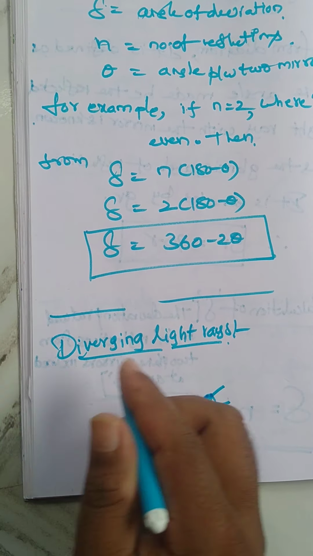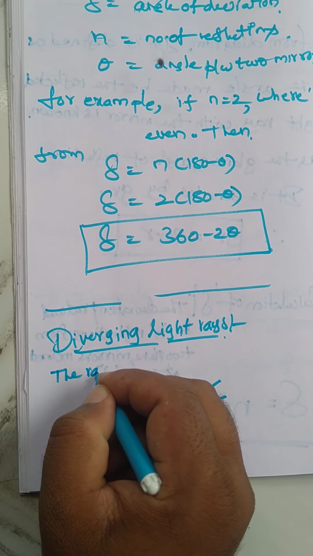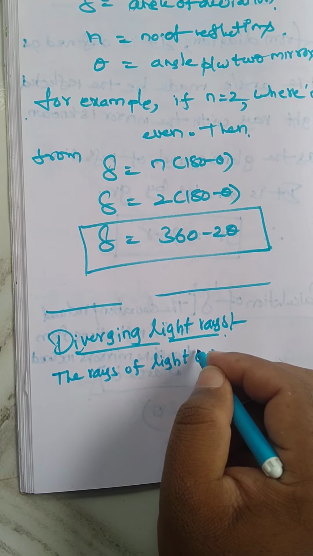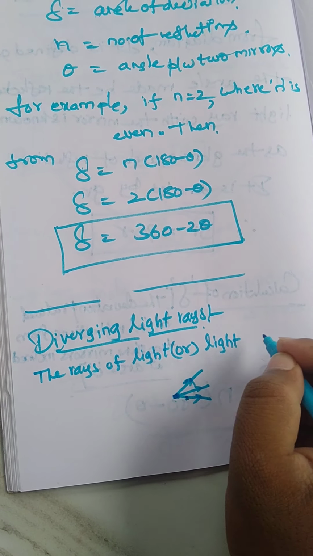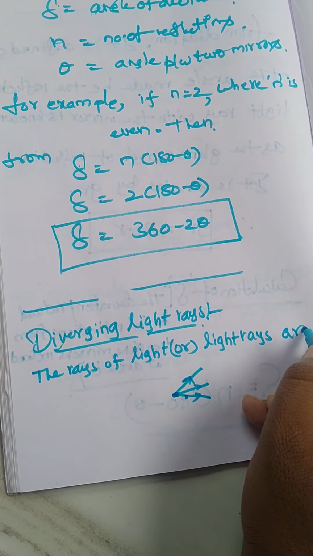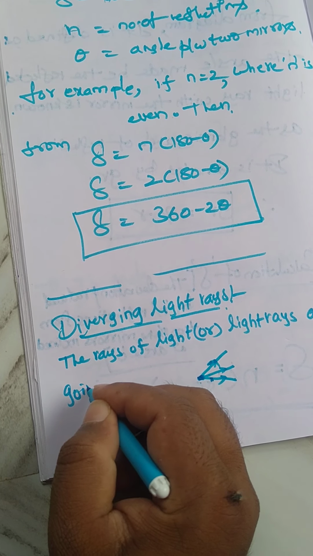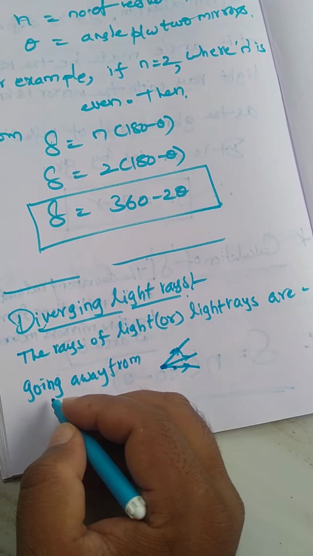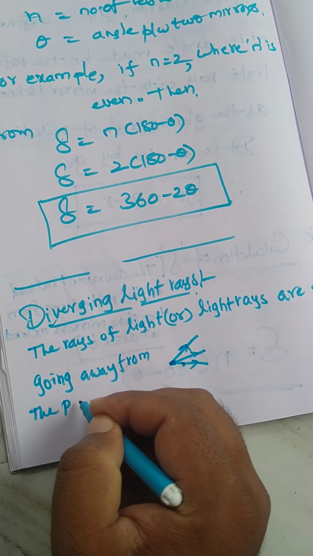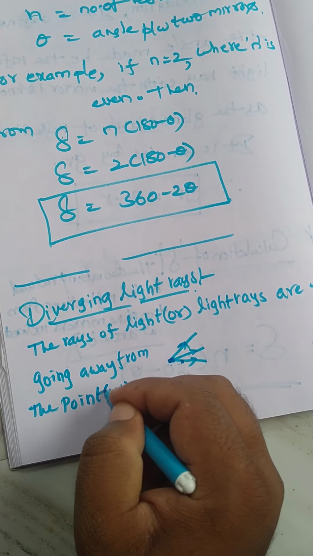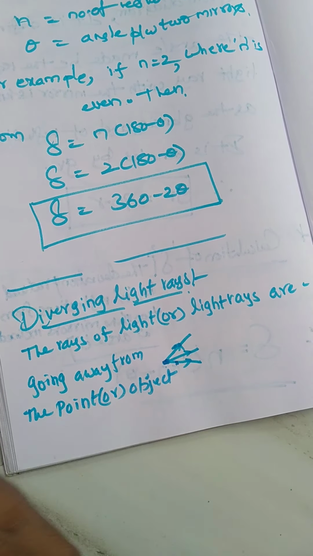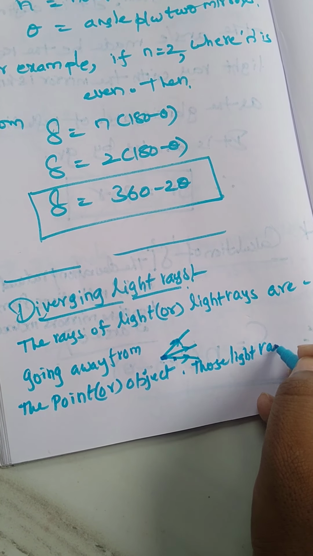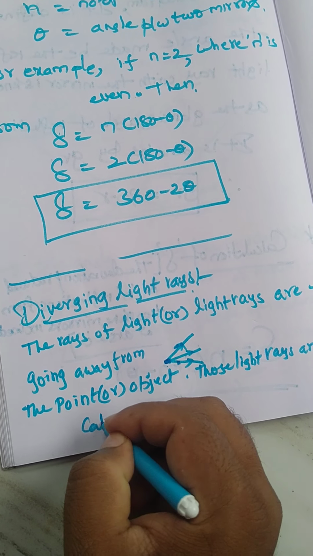So here, the rays of light, or light rays, are going away from the point or object.